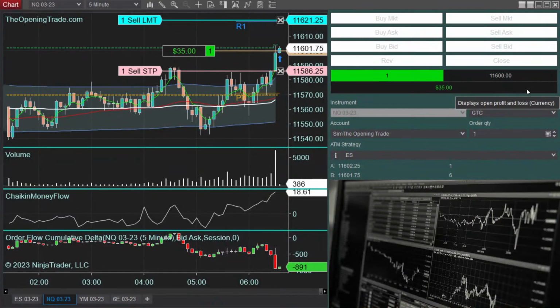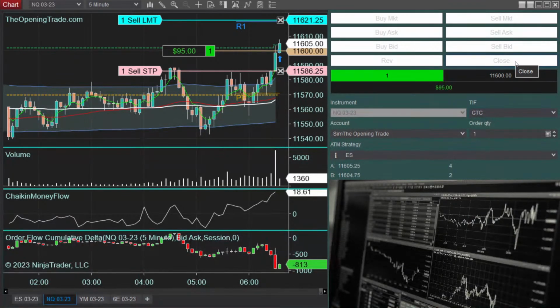Order submitted. Okay, so this is our automated trade. We're watching this automated trade happen live on a simulated account right now.